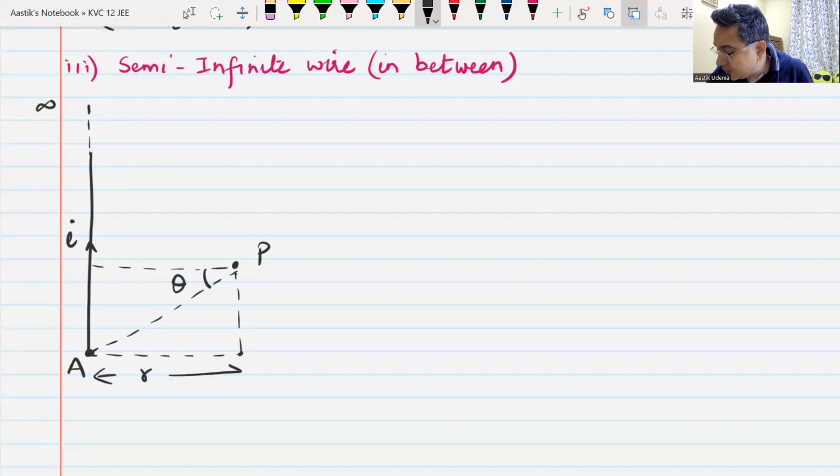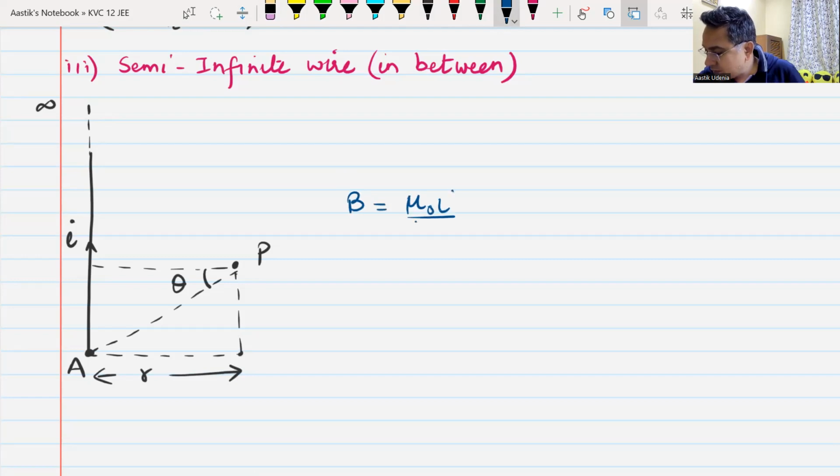Can anyone tell me? You can take it as a question. What will be the magnetic field at point P due to this wire? Mu naught I by 4 pi r into 1 plus sin theta.